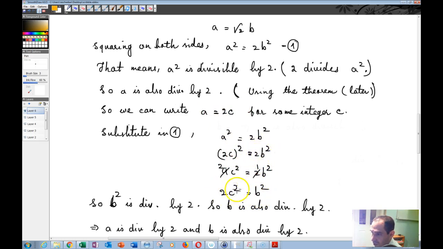So B squared is equal to 2C squared. So that means that now B squared is also divisible by 2, meaning that B is also divisible by 2. So 2 is a factor of B as well.